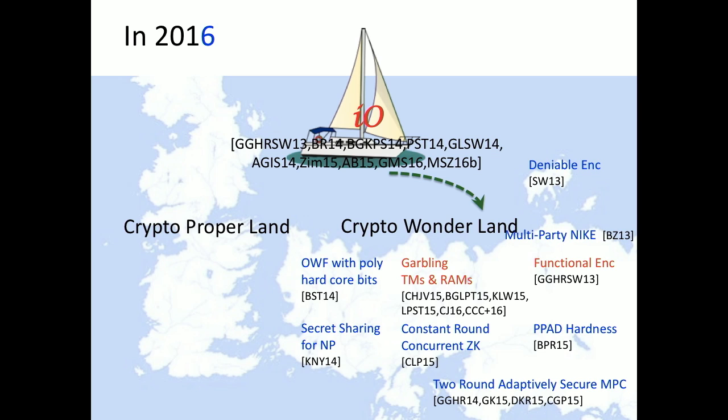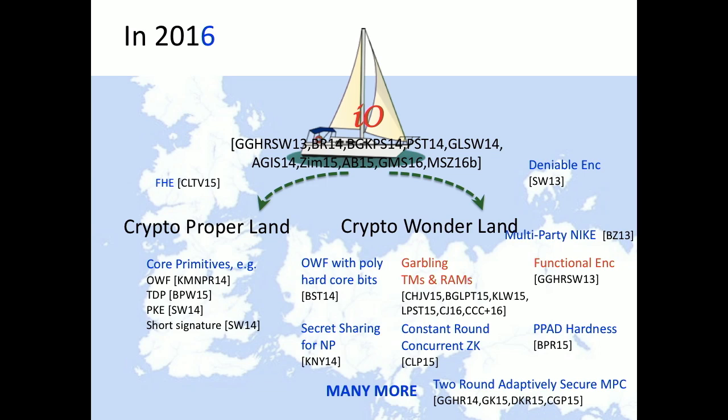And really, the list of new feasibilities enabled by IO is way more than what I could put on this slide. And furthermore, IO also, not surprisingly, goes back to imply a lot of the classical primitives in crypto proper land, like FHE. So it seems like IO, this primitive, is really charting for us a broader map of cryptography. And this is great. Okay?